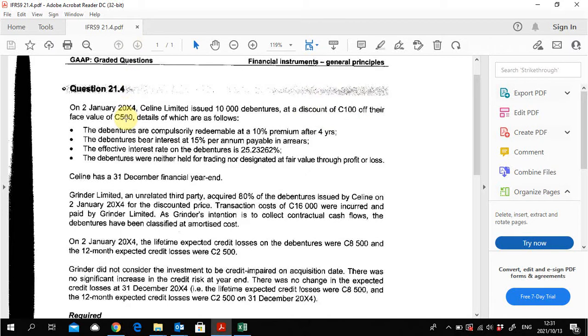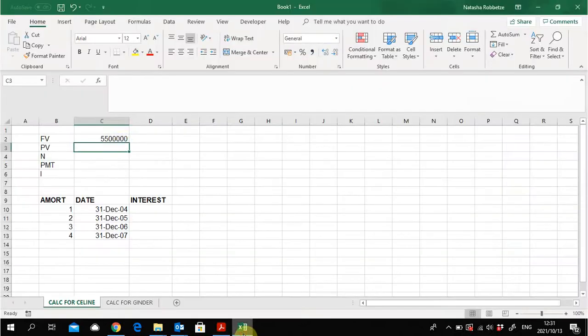So for the present value, they've received 400 Rand for a debenture. So here I'm just going to argue then that the present value is the total: they issued it, not paid, they received money, and it was 10,000 times 400 Rand.